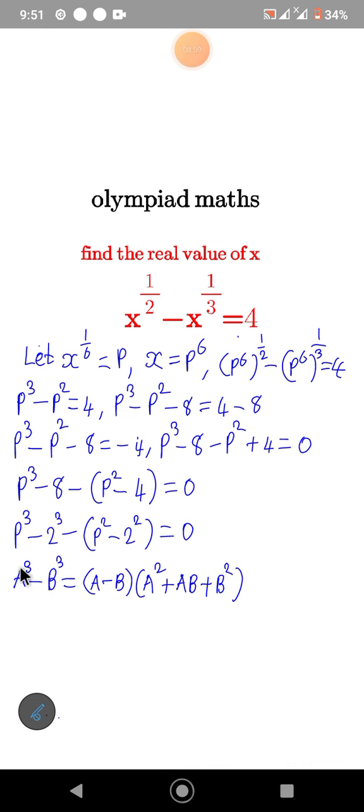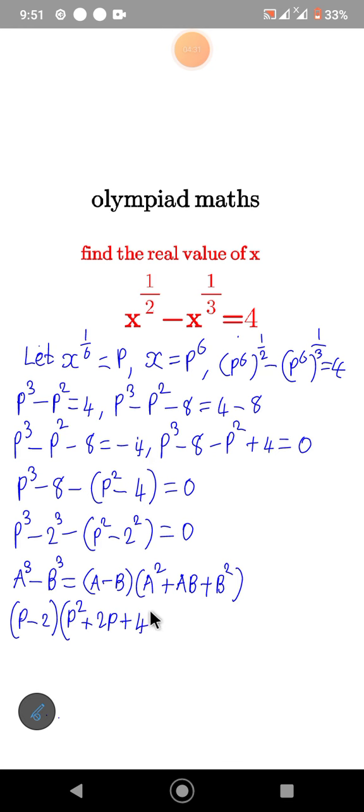So this will now be equal to, my a will be p. So here will be p minus 2, open bracket, p squared plus 2p plus 2 squared, and 2 squared is 4, so we say plus 4.